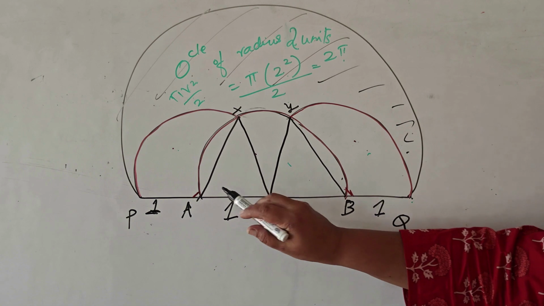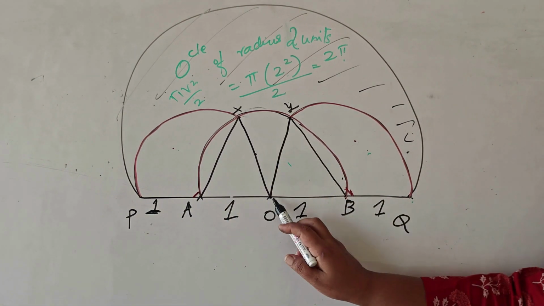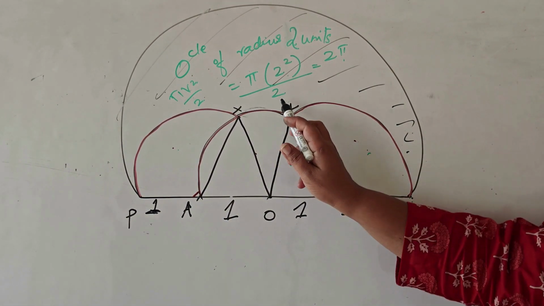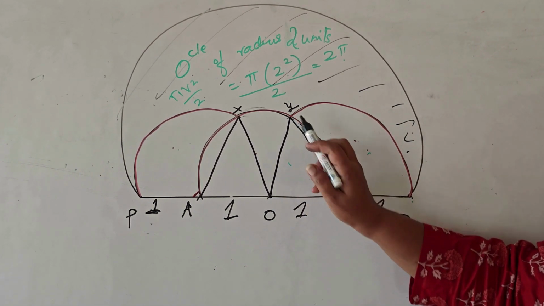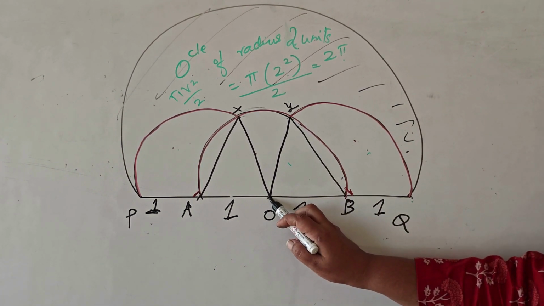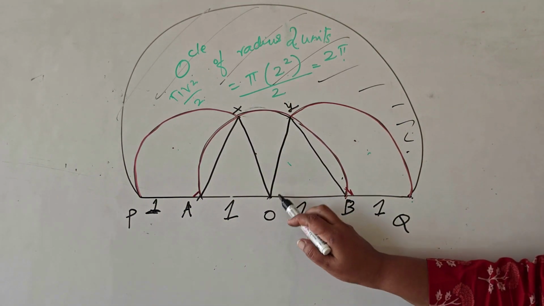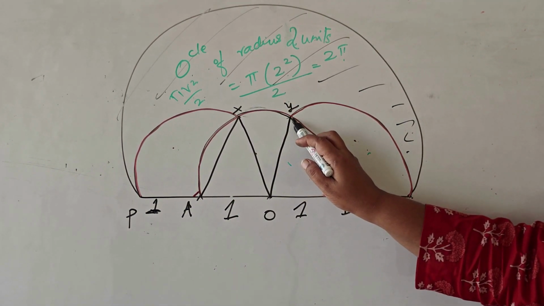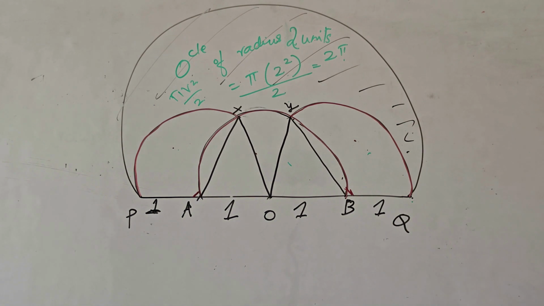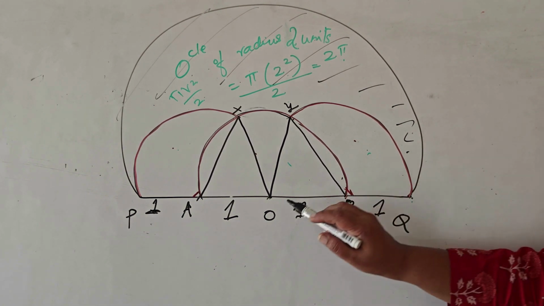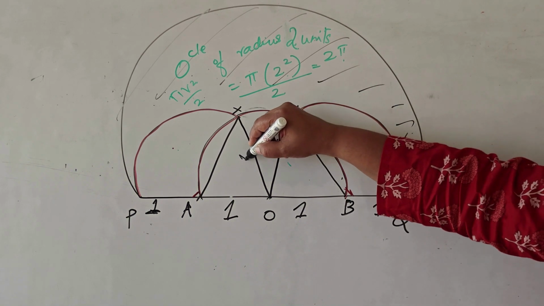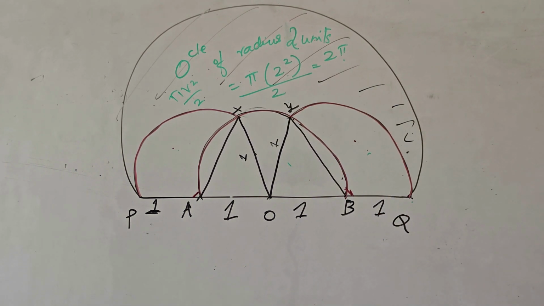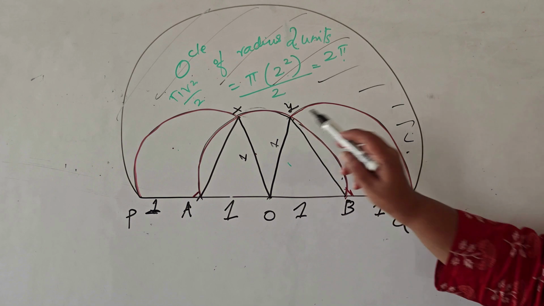I have drawn the lines AX, OX, OY and BY in the diagram. Now, the length of OY is the distance between the center of the middle circle to the circumference of the semicircle. So you can say that it is equal to the radius. Now, the radius is 1 unit, so I can say that this is also 1 and this is also 1. What can you say about the distance BY?